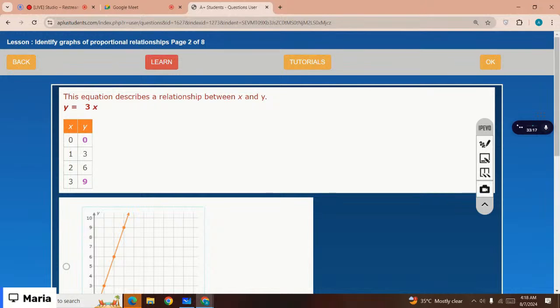Okay, the next one is the equation describing the relationship between x and y: y equals 3x.